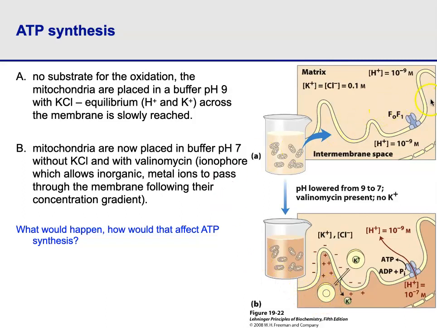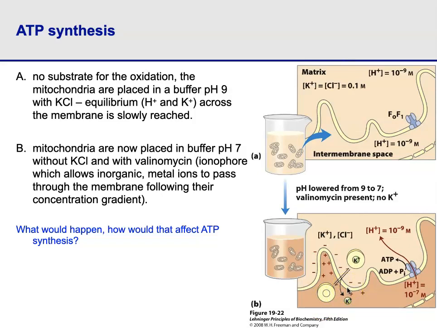So if we are incubating these mitochondria in an environment without potassium, what would the ionophore do? It will transport potassium from the matrix outside of it, into the intermembrane space and outside of the mitochondria.